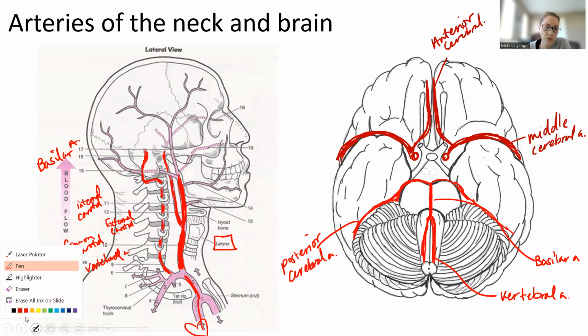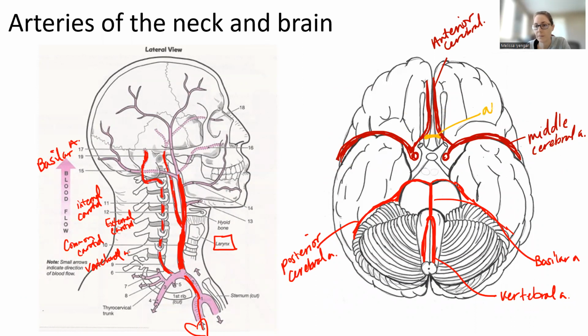Essentially what we need to do is we need to be able to make them all come together. And so I'm gonna do this using a slightly different color so that you see there's a nice little artery that's going to pull the anterior cerebral arteries together. This is the anterior communicating artery.